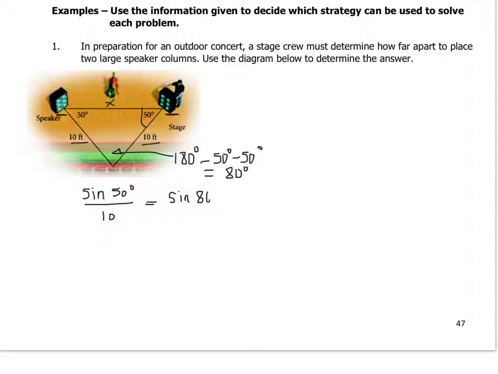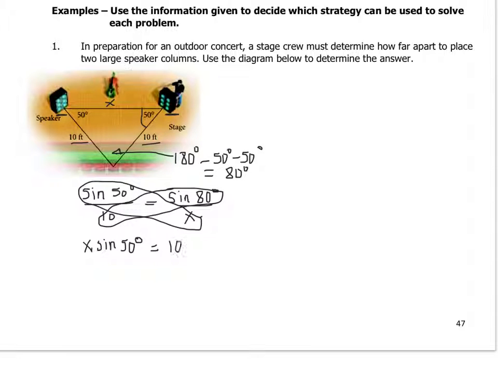So sine of 80 over x. Then we can cross multiply to find x, and we get x sine 50 is 10 times the sine of 80.